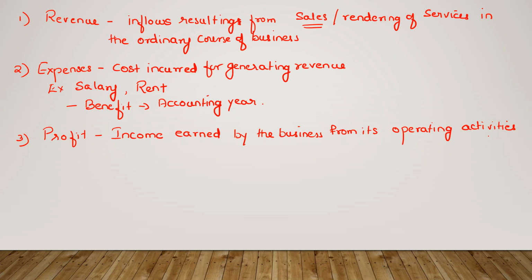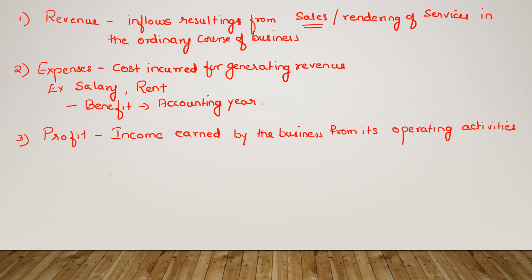Operating activity refers to principal revenue generating activity. Like in our example, Smita's main activity is buying ready-made garments, adding a profit margin and selling it to her customers. So her revenue generating activity is selling of the ready-made garments which she has purchased. So the income which is earned by her by carrying on this activity is called profit.